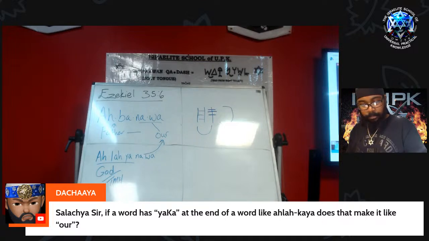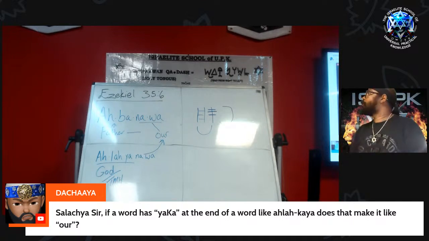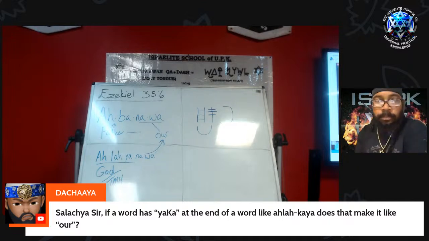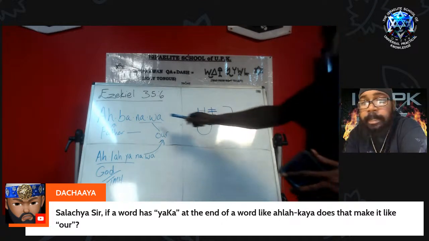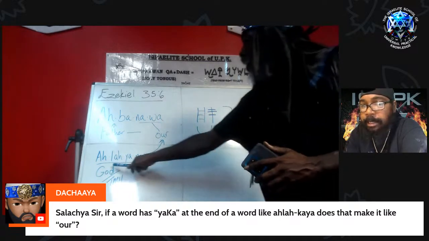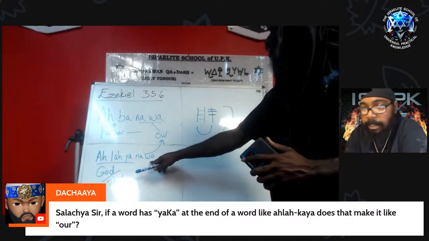When you see thy in the scriptures, it depends on the context. It could mean you or your. So yeah, in that sense, yeah. But the actual word itself means if. The word Yaka means if. The word our God is Nawa. Allah Yanawa is our God.